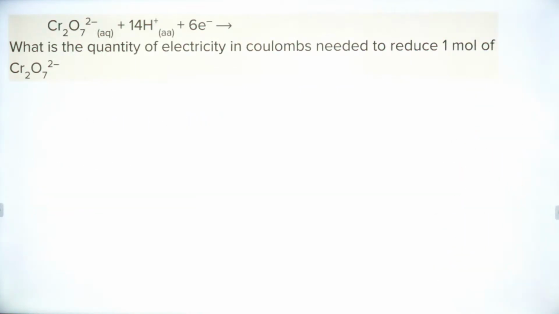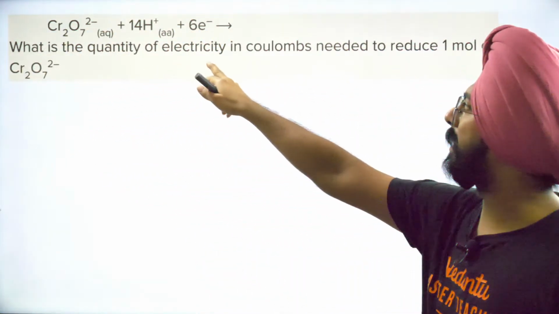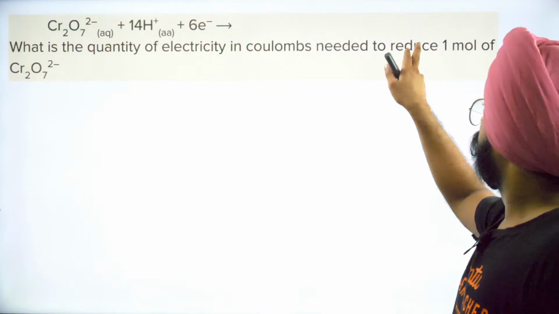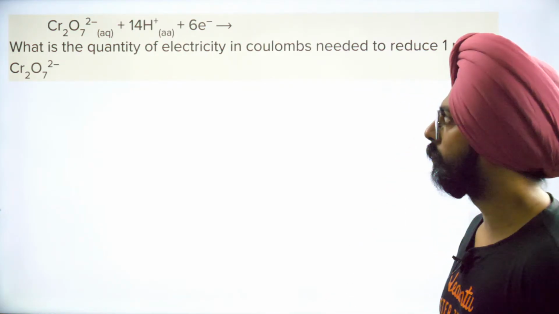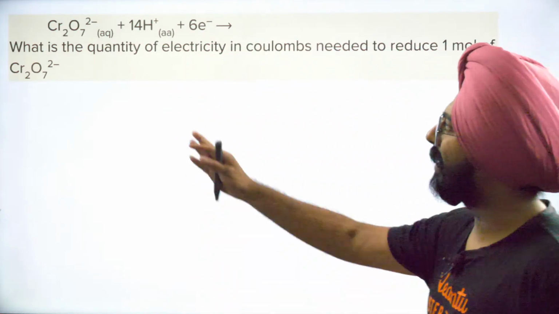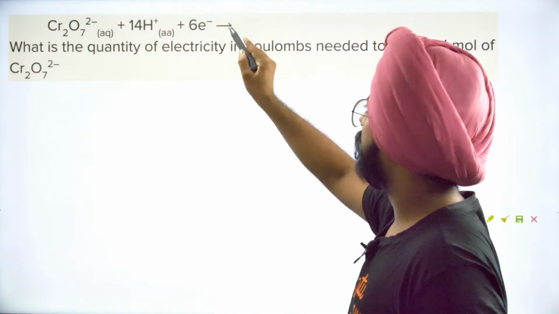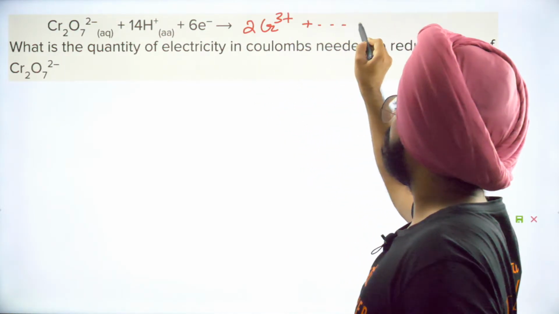Cr2O7 2 negative plus 14H positive plus 6 electrons. What is the quantity of electricity in coulombs required to reduce 1 mole of Cr2O7 2 negative? Whatever happens to Cr2O7 2 negative, most likely it is going to turn into 2 times Cr3 positive plus something.